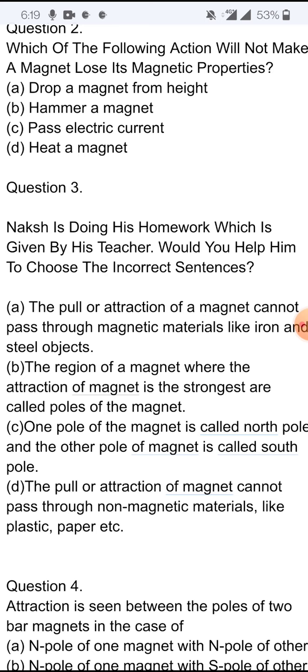Second option, the regions of a magnet where the attraction is strongest are called poles of the magnet. Third option, one pole of a magnet is called the north pole and the other pole is called the south pole. D. The pull or attraction of a magnet cannot pass through non-magnetic materials like plastic, paper, etc.